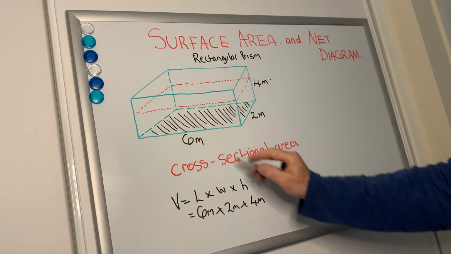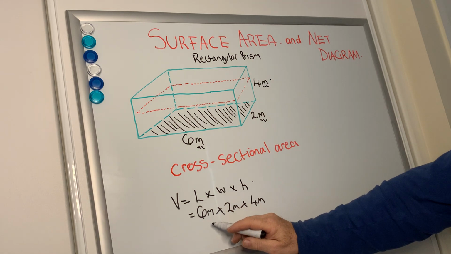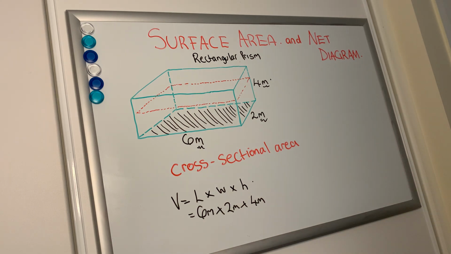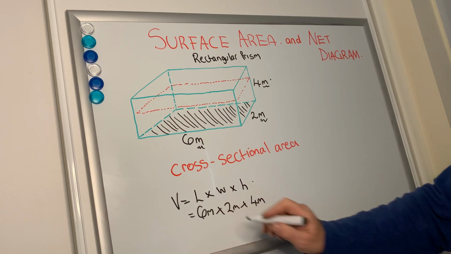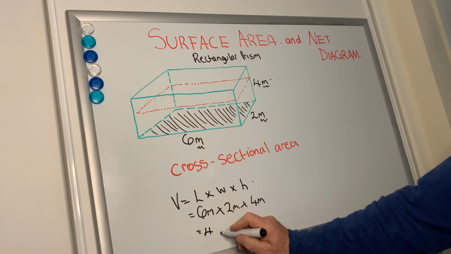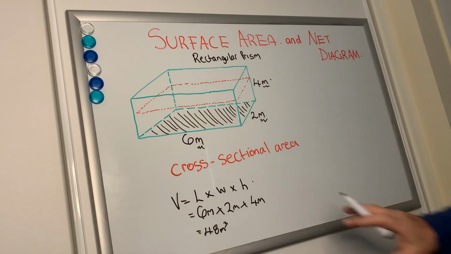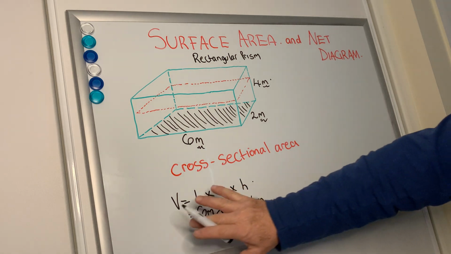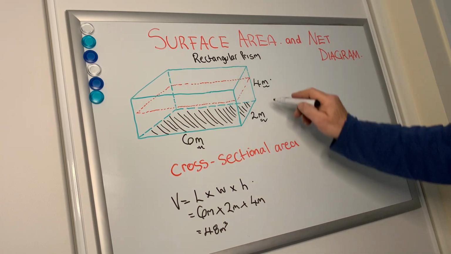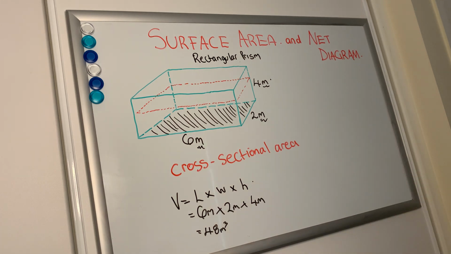We know that the units are all in meters. 6 by 2 is 12 meters, my correction, and then times 4 is 48 meters cubed. My apologies for that. So length by width by height is one way of working out volume.